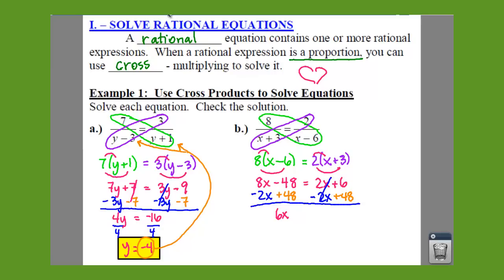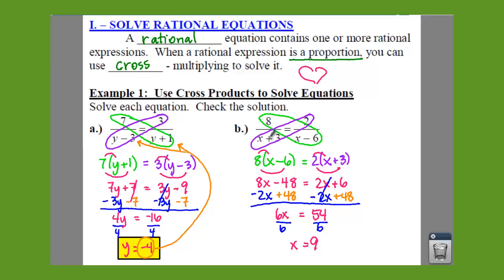So let's add 48 to both sides. And you get 6x is equal to 6 plus 48, which is 54. If we divide both sides by 6, you get x is equal to 9.